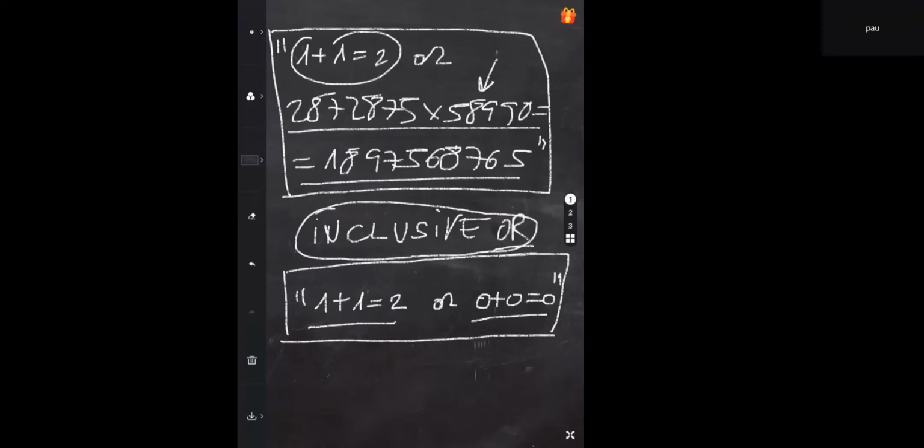Now, we have about 20 minutes because after that I will have to leave. And I think that's enough to go into negation. So we have had conjunction.